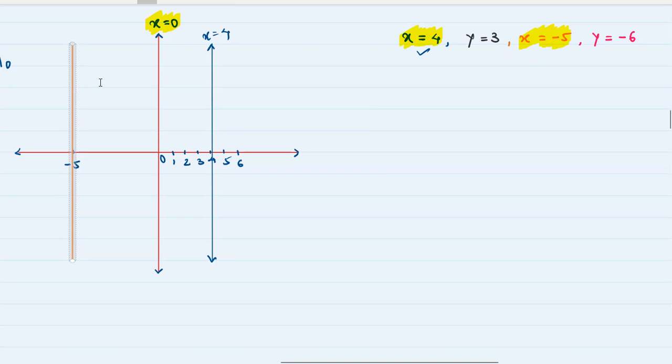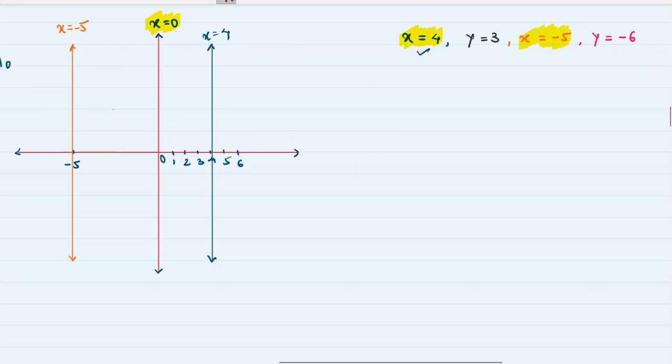Right, so this is vertical line which is parallel to y-axis and its equation is x is equal to minus 5. Why? Because it is passing through minus 5 on x-axis, or it is at a distance of 5 units on the left side of origin. Okay, but parallel to y-axis. That's why its equation is x is equal to minus 5.